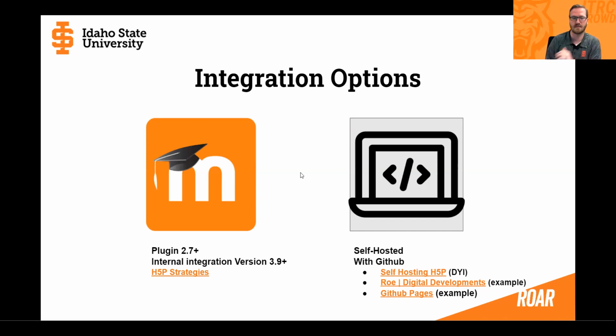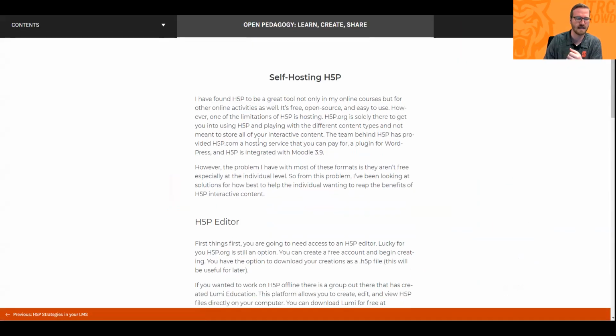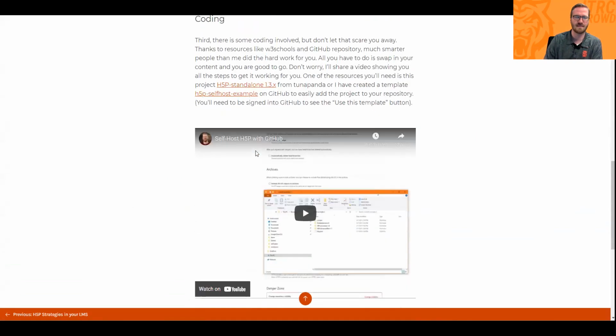So this GitHub repository that I found and that you can make a copy of allows you to take your H5P and put it into a format so that a website can use it. So I talk about that here, again in that Pressbook, about some of the things you need.